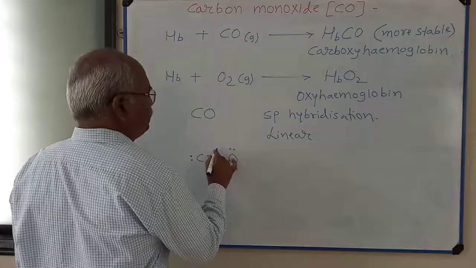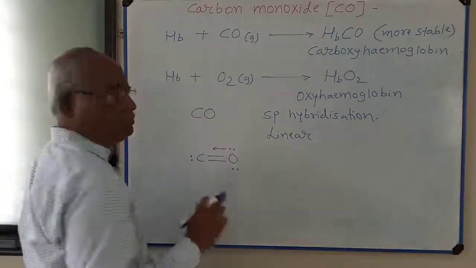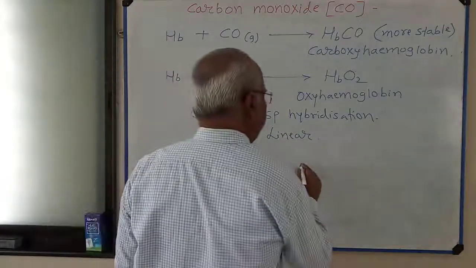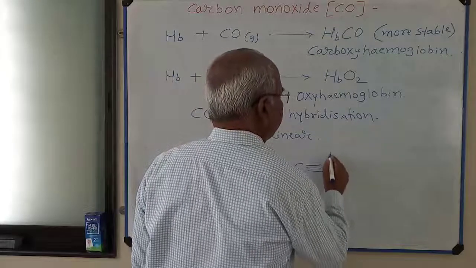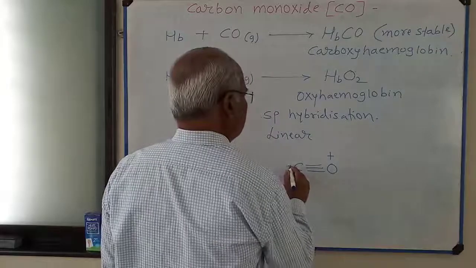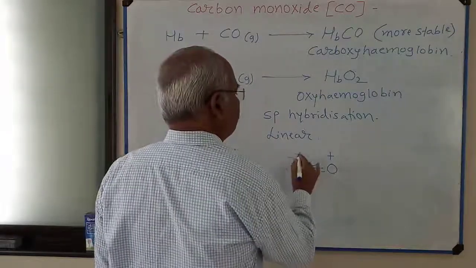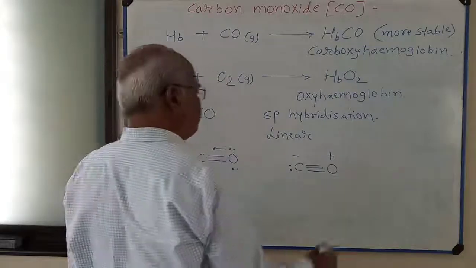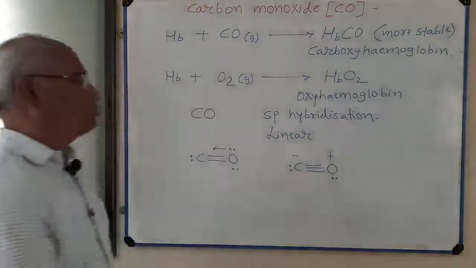This oxygen donates a lone pair of electrons to this carbon, and oxygen becomes positively charged. Due to acceptance of electrons, carbon becomes negatively charged. Here is one pair of electrons on oxygen.